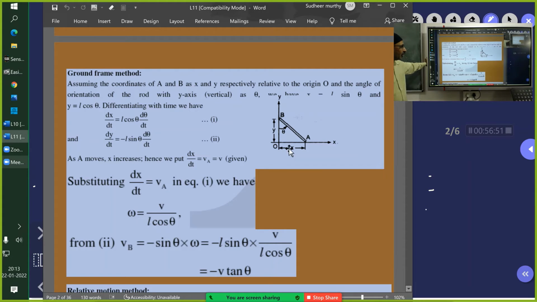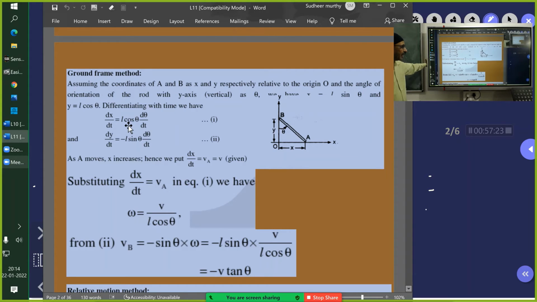Same thing. So what is the coordinate of A? The coordinates of A are (x, 0). What is the coordinate of B? (0, y). So if the length of the ladder is L, then x will be equal to L sin theta, and y will be equal to L cos theta.